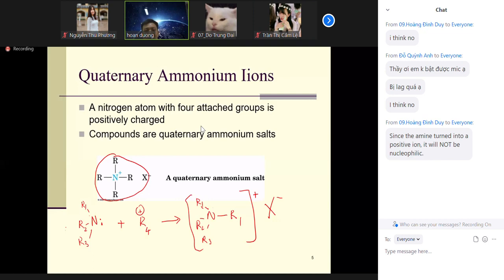That's why we say we are no longer talking about the basicity and nucleophilic properties of the quaternary ammonium ion.